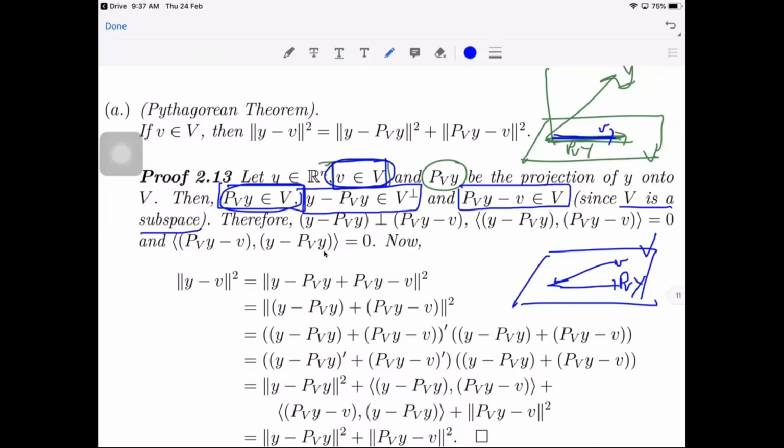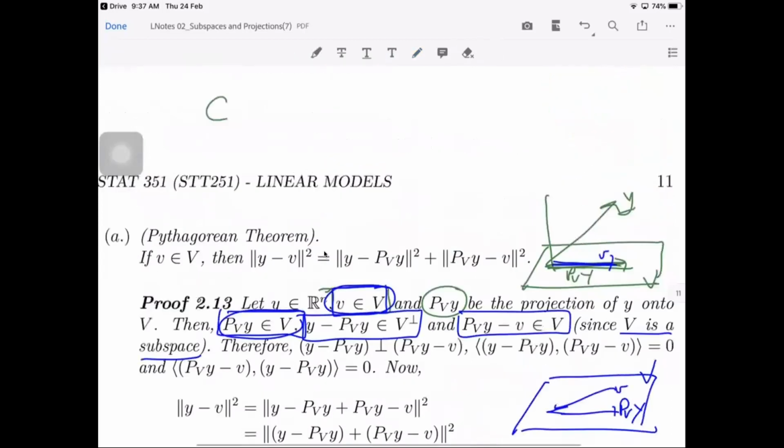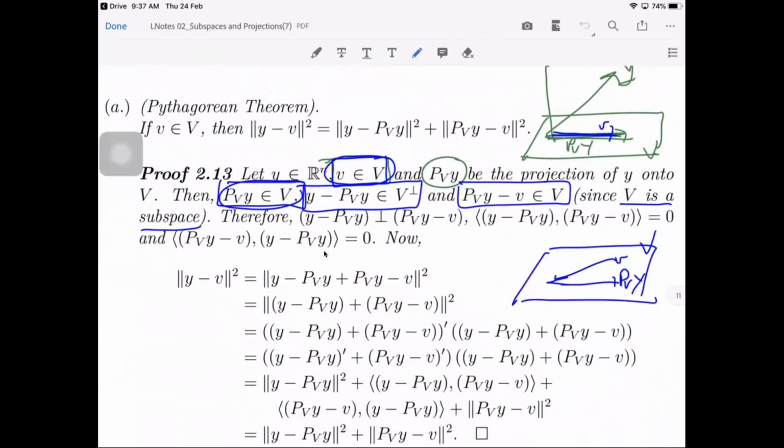And this is also in V because subspace are closed under linear combinations. Okay. Question? No questions until this, no?